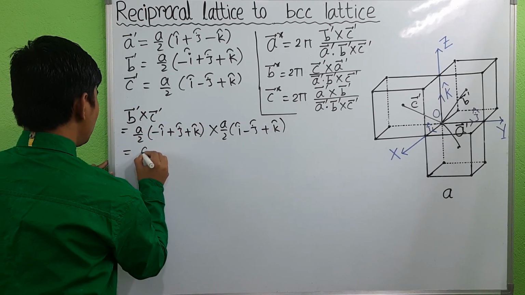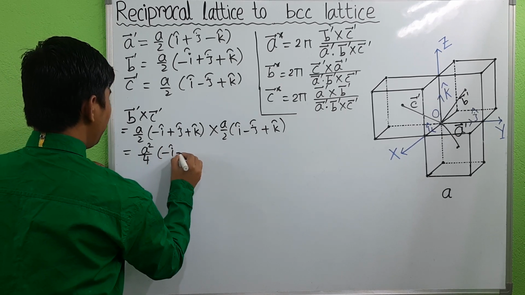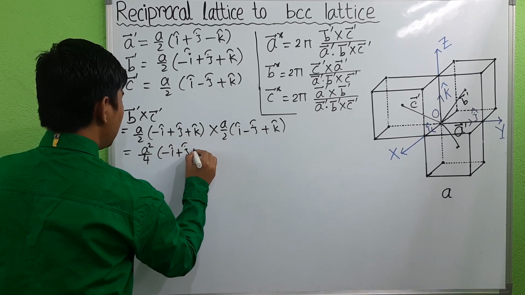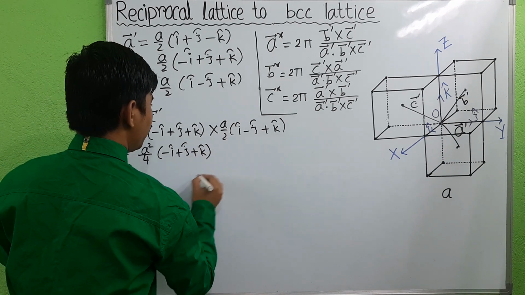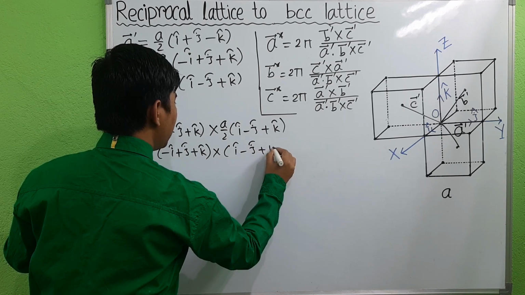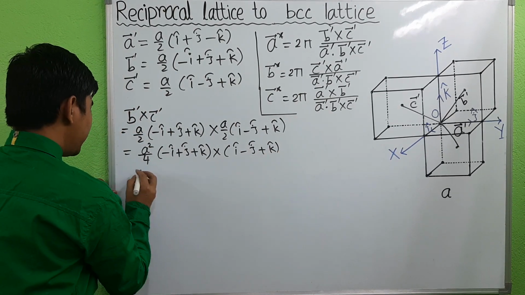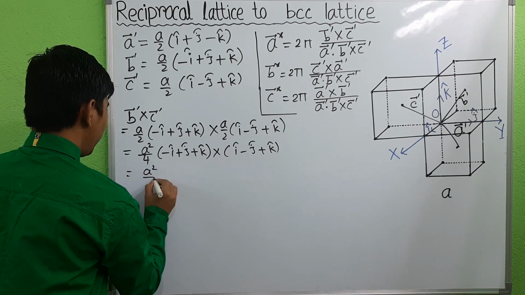So this equals a square by 4 (minus i cap plus j cap plus k cap) cross (i cap minus j cap plus k cap). This is a cross product.